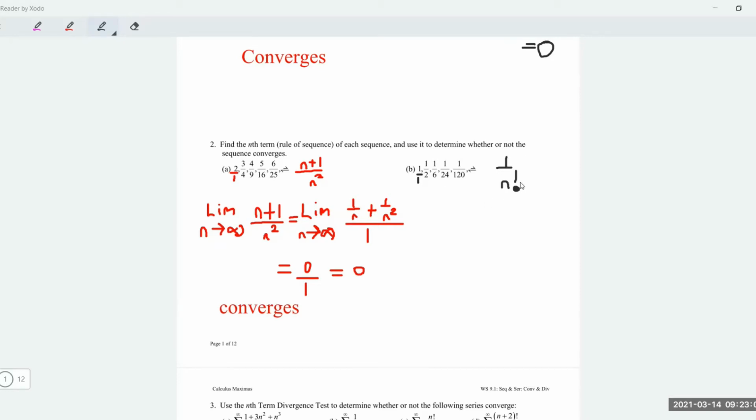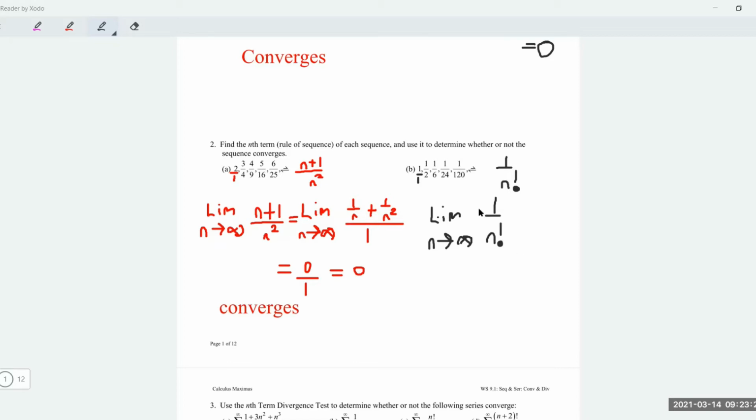We know that this is converging, but just to show the working, we need to find the limit as n approaches infinity of 1 over n factorial.